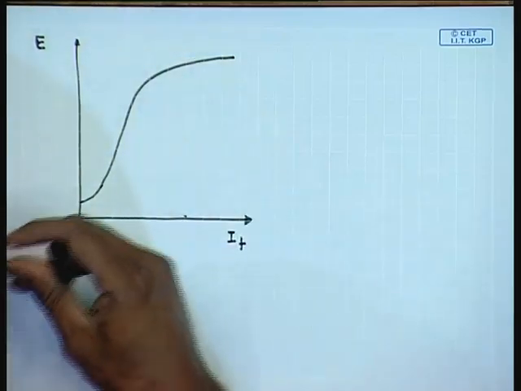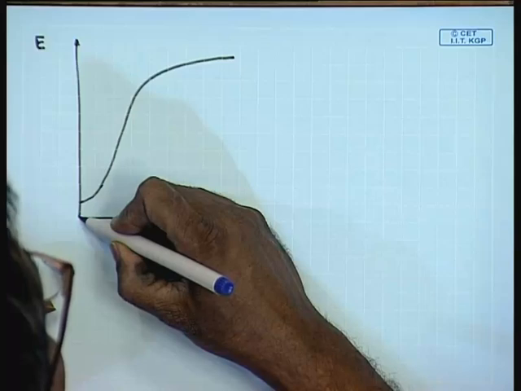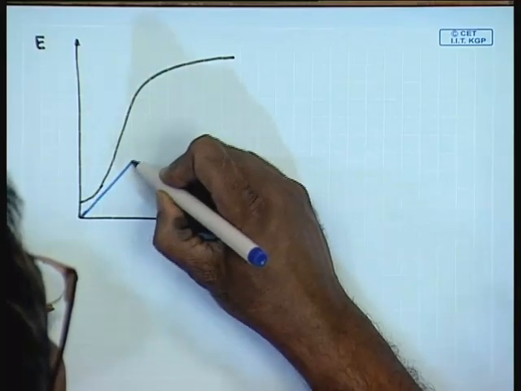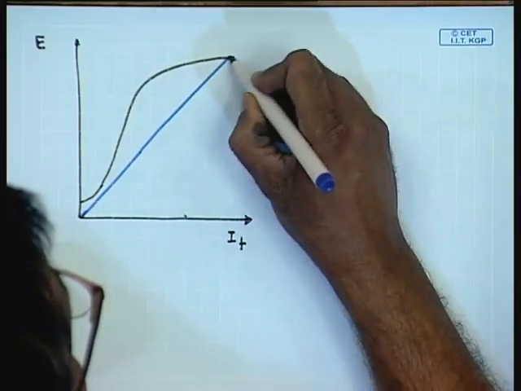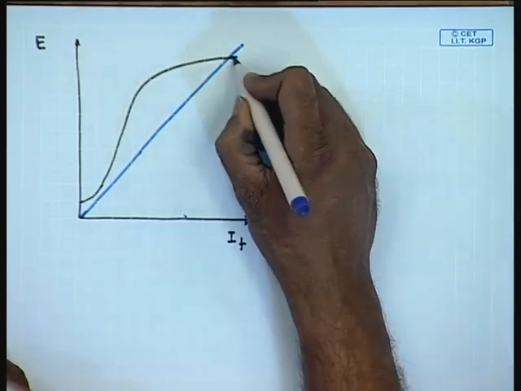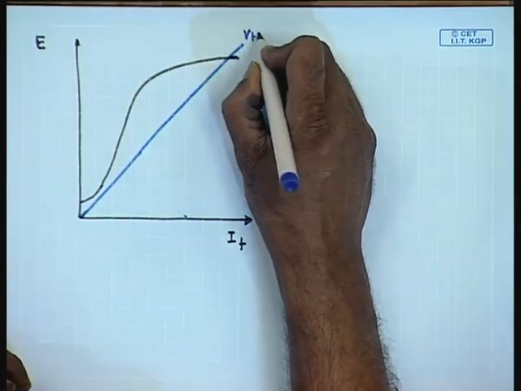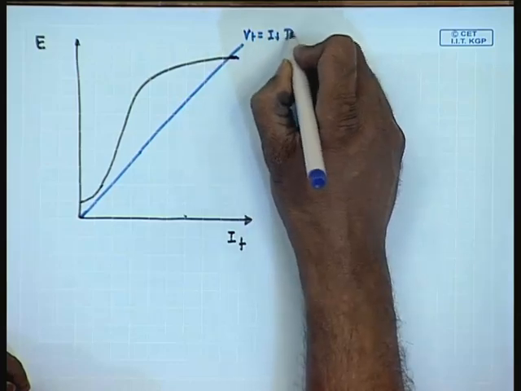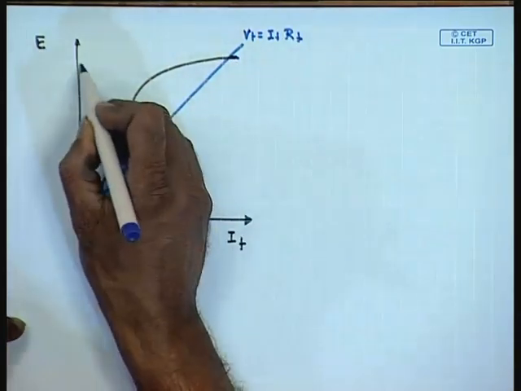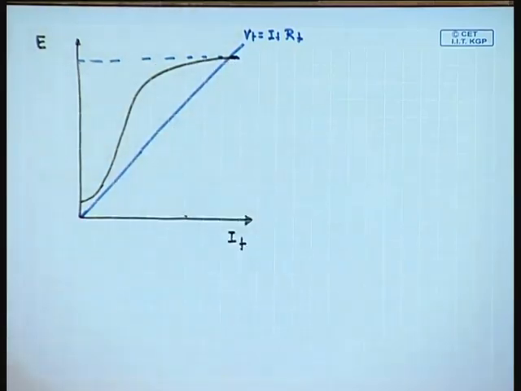This is the generator OCC. This is the field load line. So, at no load, the terminal voltage is approximately given by this value.